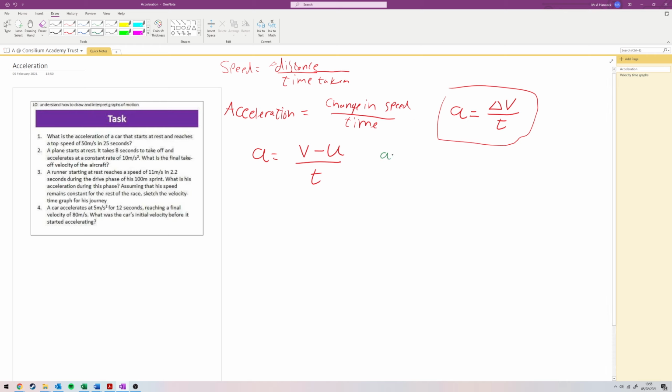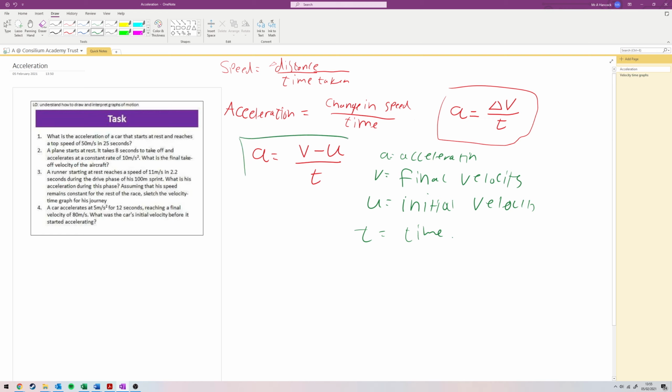A equals acceleration, V equals final velocity or final speed, U equals initial speed or velocity, and T equals time.